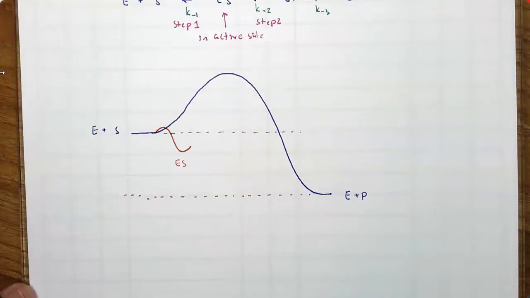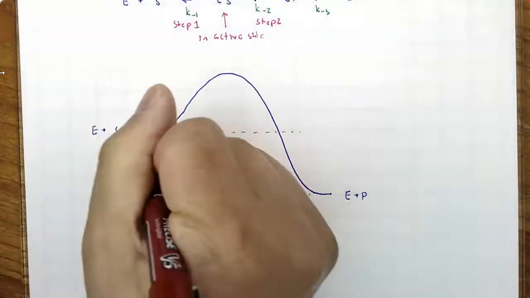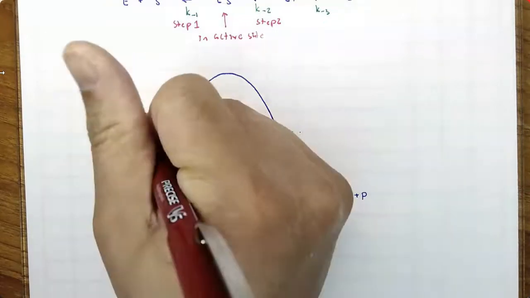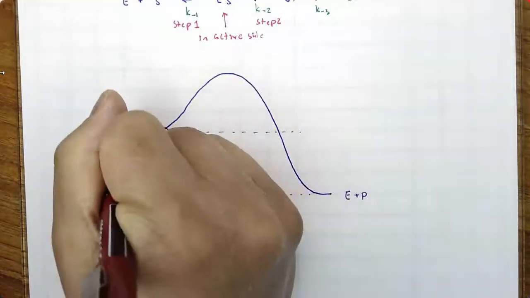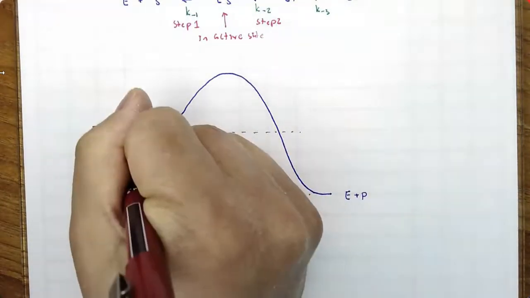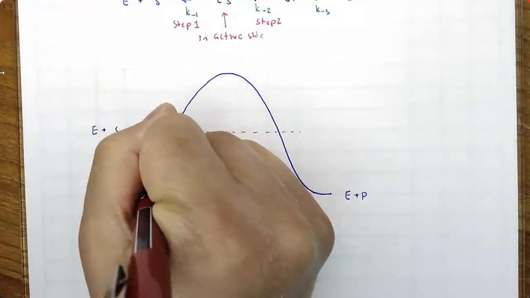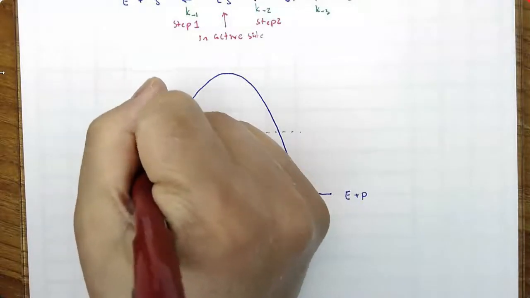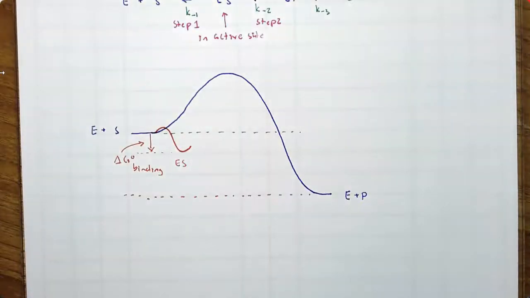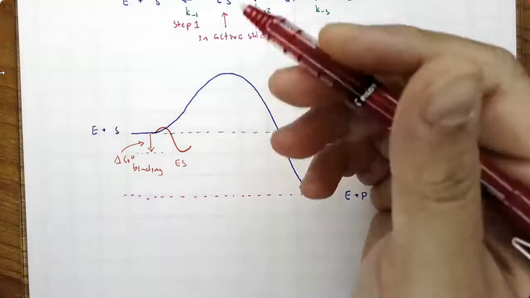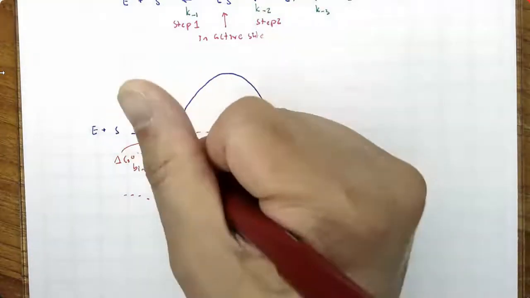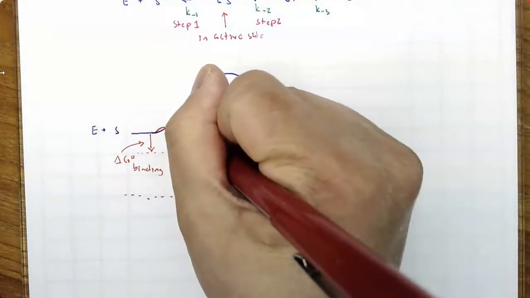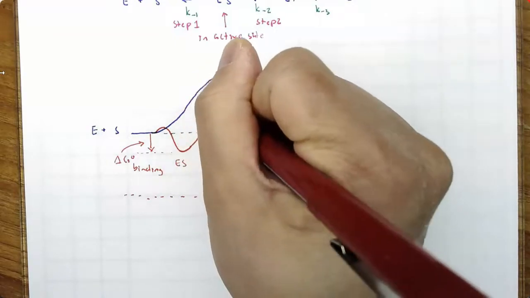And we could call this the delta G of binding. And it's negative. The delta G of binding. This one right here. Okay. Now we do decrease the activation energy. So we still have a hill.